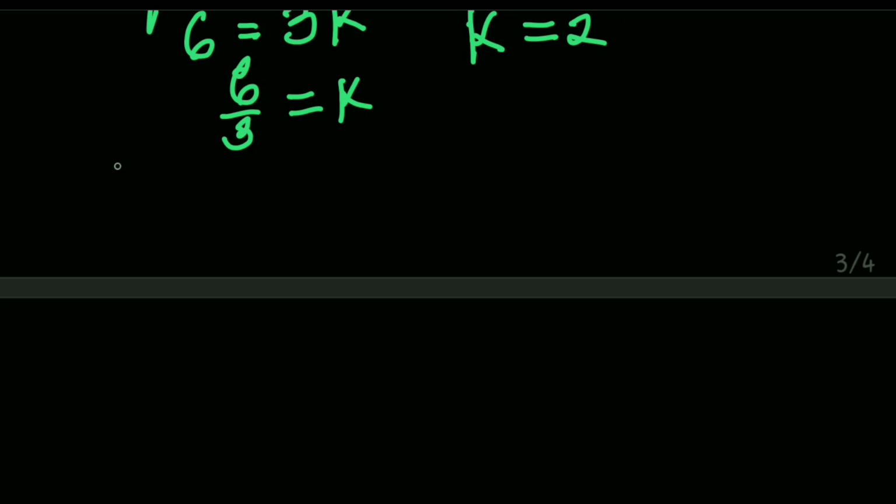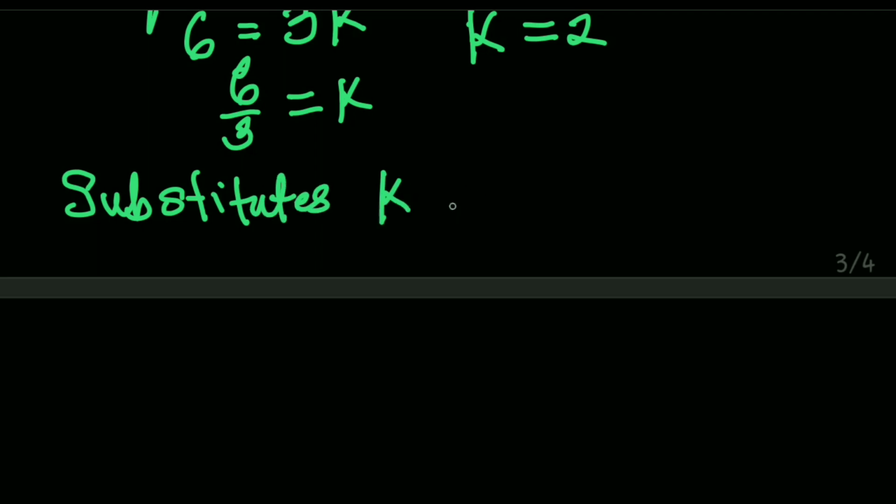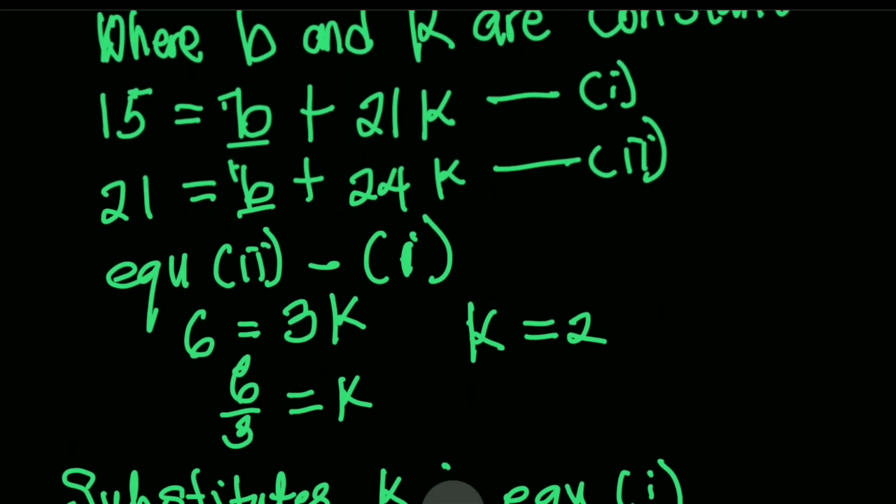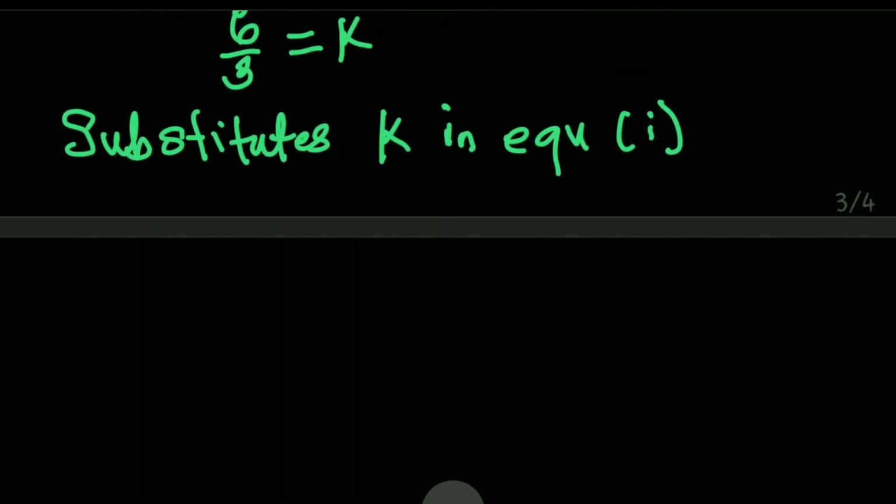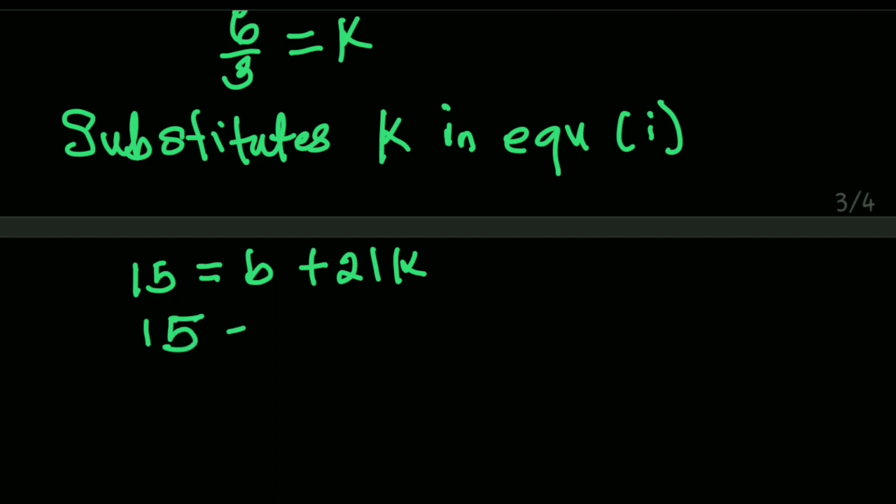So I say substitute K in equation 1. In equation 1, we have 15 equals B plus 21K. So let's substitute the value of K. 15 equals B plus 21 times 2.